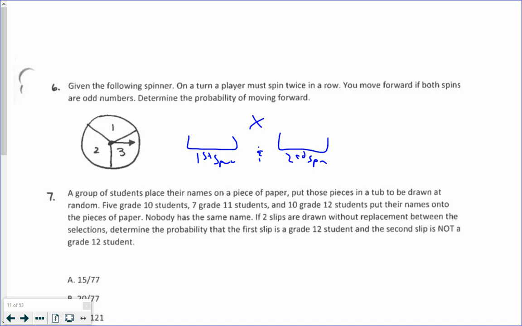And means times. Now, you move forward if both the numbers are odd. So what's the probability of landing on an odd number? 2 out of 3. You just punched it into your calculator.